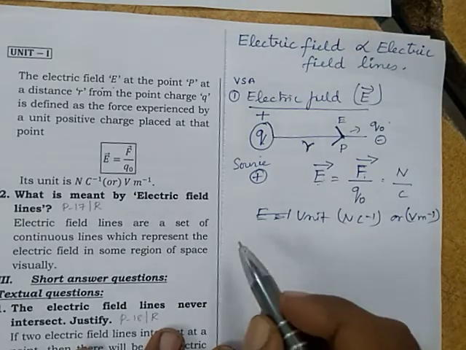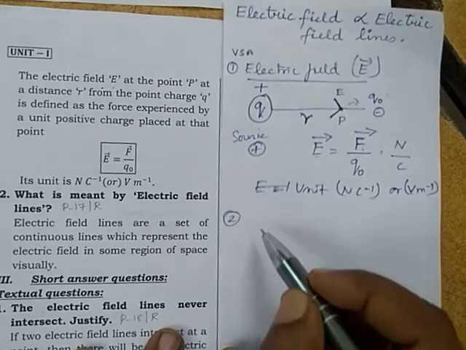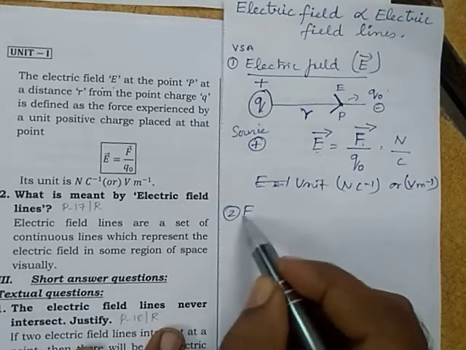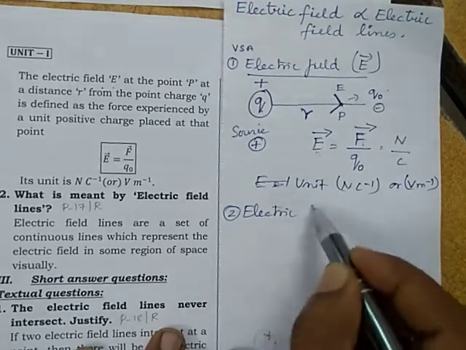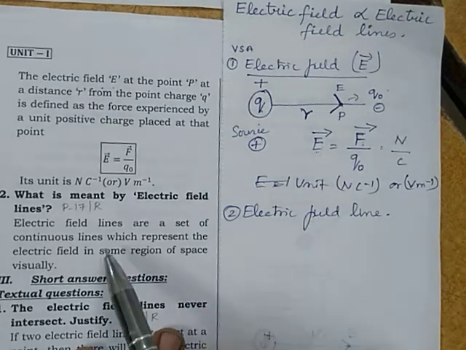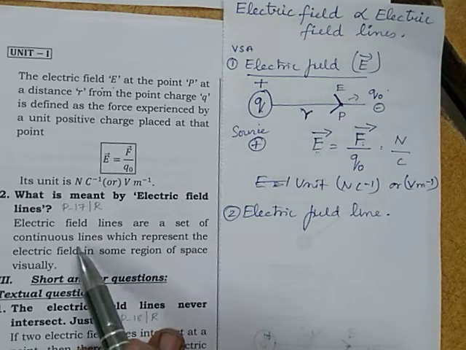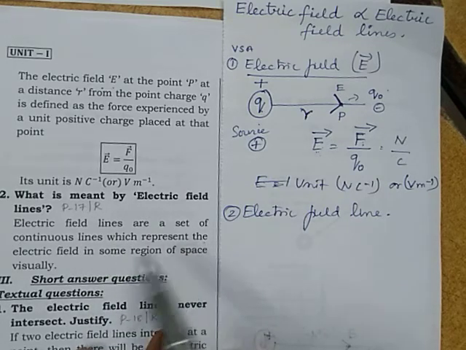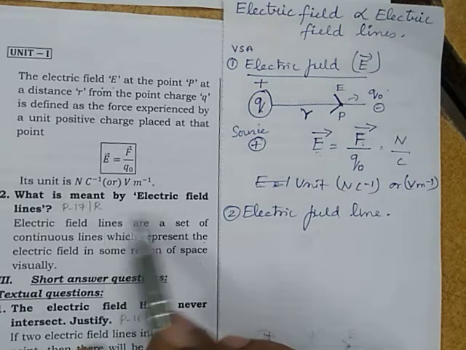Then question number 2, that is what is meant by electric field line. Electric field lines are the set of continuous lines which represent the electric field in a region of space, that is known as electric field lines.